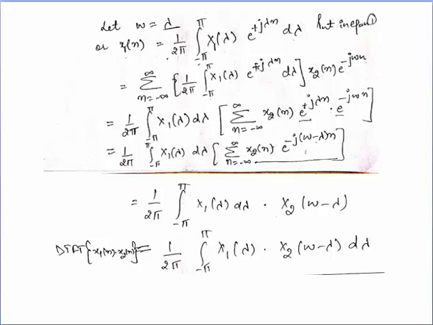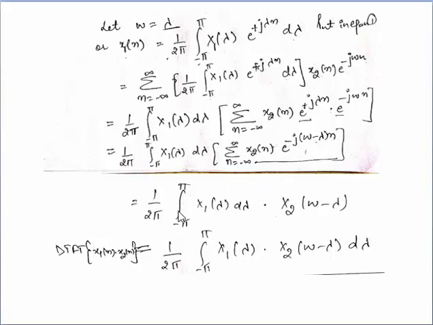Inside the bracket, the bases are the same, so powers add up. It becomes summation n tends to minus infinity to infinity x2(n) e raised to power minus j (omega minus lambda) n, that is the formula of X2(omega minus lambda).